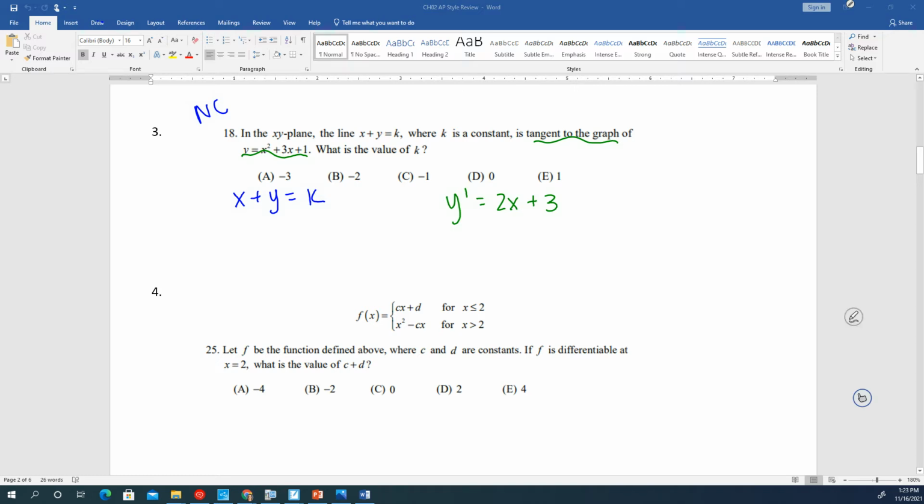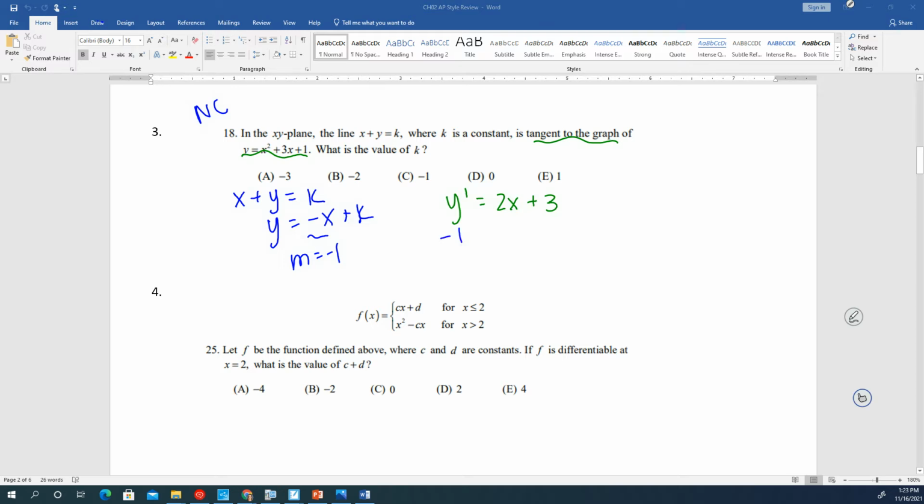Okay. If you rewrite this in slope-intercept form, here is our line that's tangent to the graph. Now, this is obviously linear. So what's the slope of this line? It's -1. So you want to figure out where your derivative or your slope equation has a slope of -1.